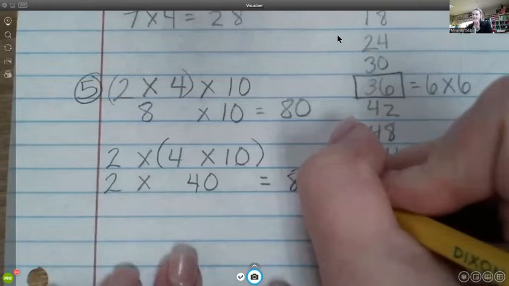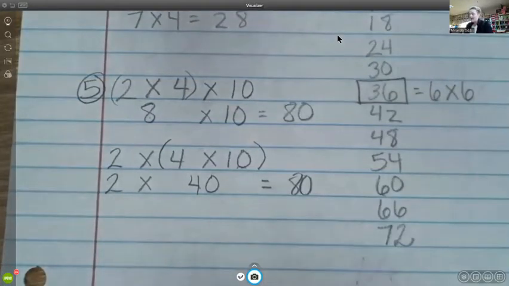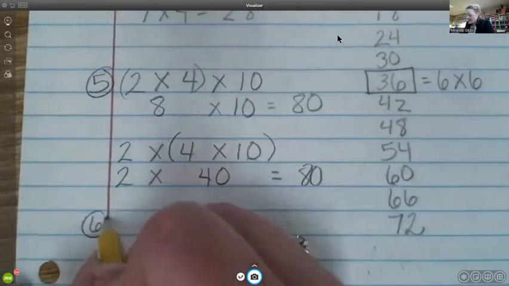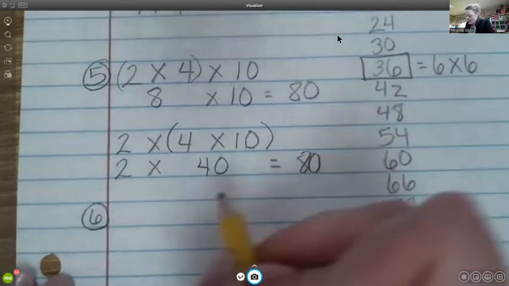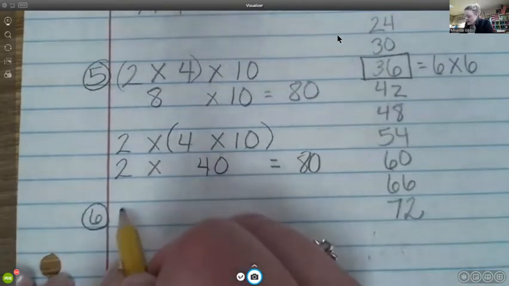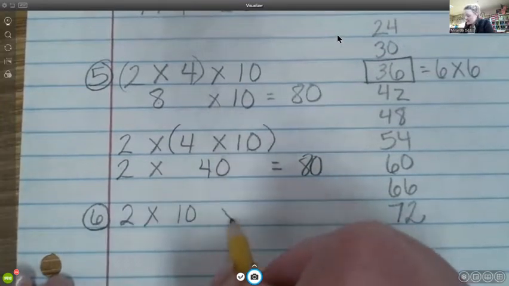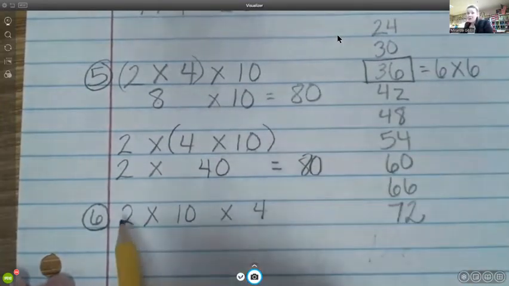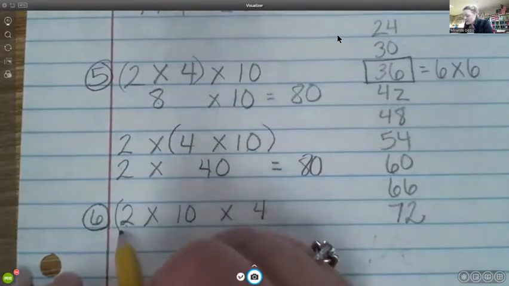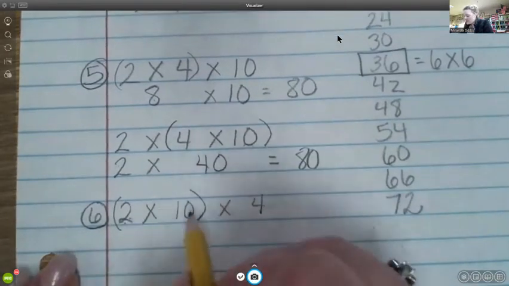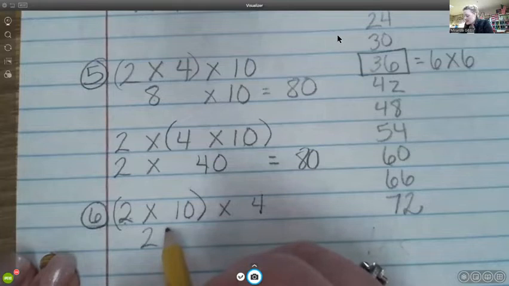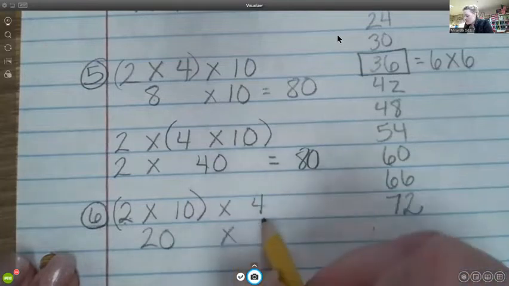And I said 2 ways, but we're going to do one more way. So for number 6, we're going to start with 2 times 10 times 4, because we haven't multiplied 2 and 10 together yet. So we wrote it a little different. 2 times 10 is 20, and 20 times 4.